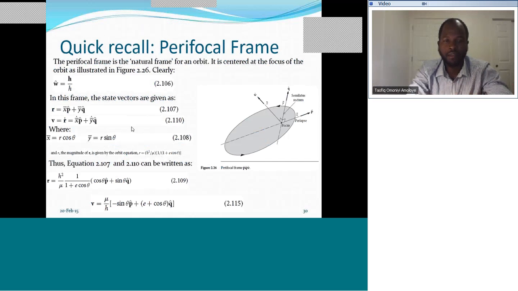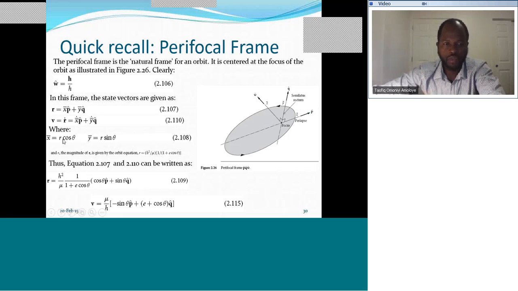In the perifocal frame of reference, the state vector r is given by its components in the p kappa direction and in the q kappa direction, as in equation 2.107. The velocity vector is given by equation 2.110.